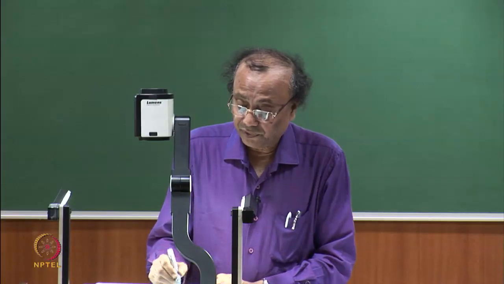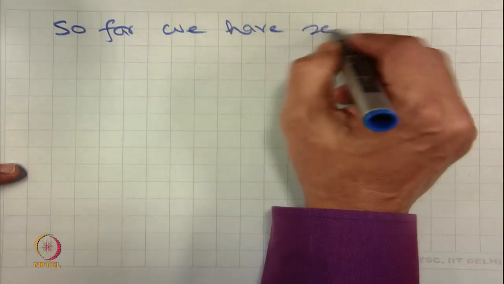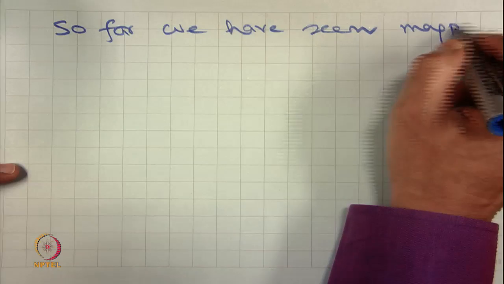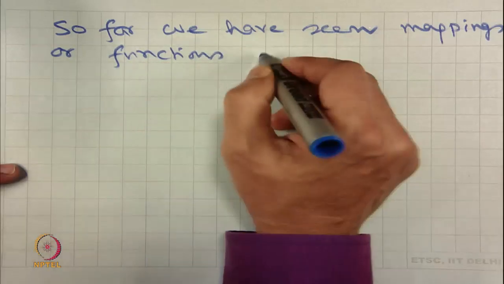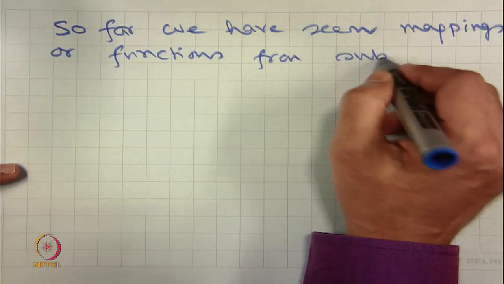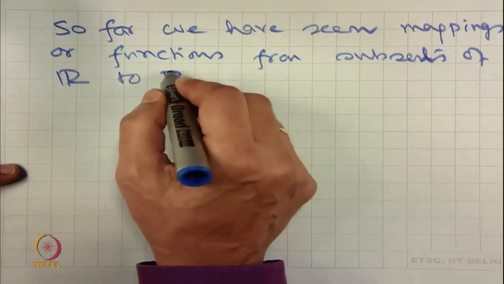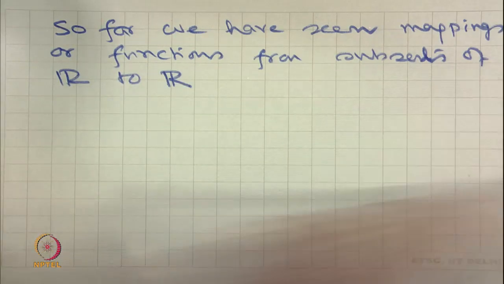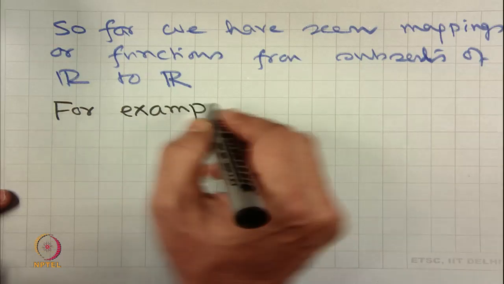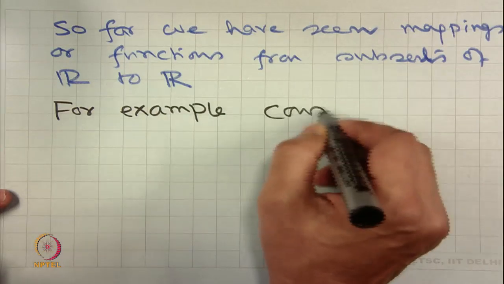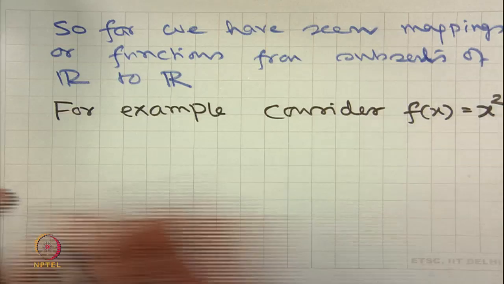So far, we have seen mappings or functions from subsets of R to R. For example, consider f of x is equal to x square.